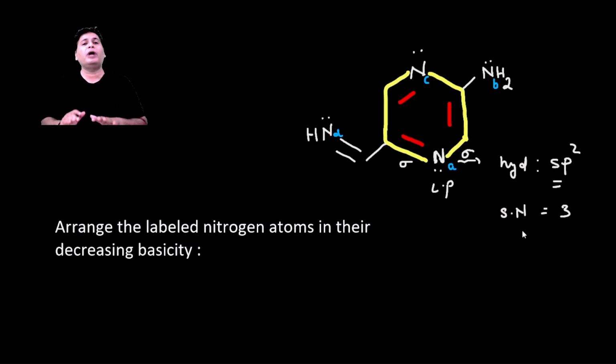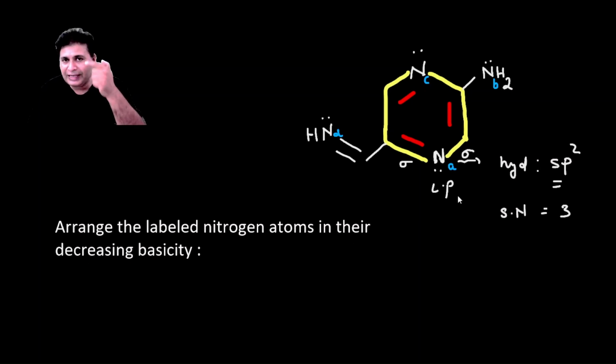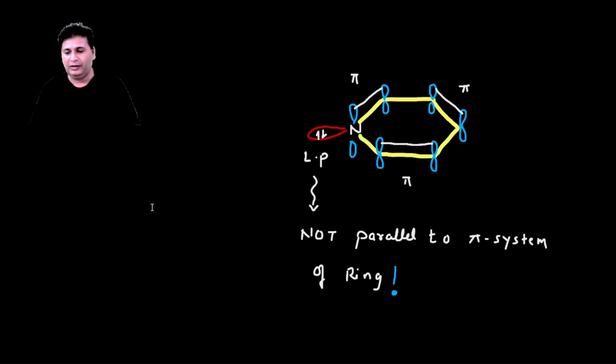So sp2 hybridization means the 2 sigma bonds and the lone pair are on the same plane in trigonal planar manner. So having said that, let me give you a picture and make you more clear.